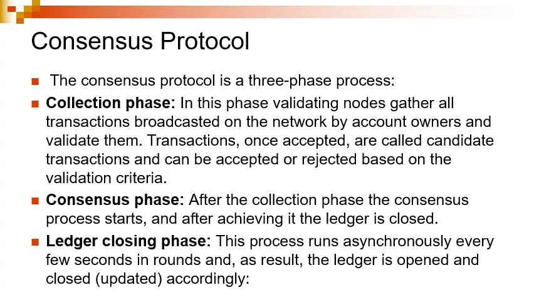Then the last phase is the ledger closing phase. This process runs asynchronously every few seconds in rounds, and as a result, the ledger is opened and closed accordingly. After storing the transactions, the ledger is closed and it is opened again if it receives new transactions.